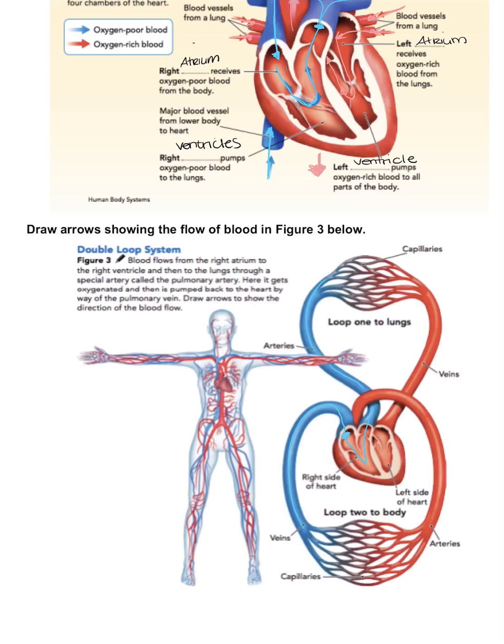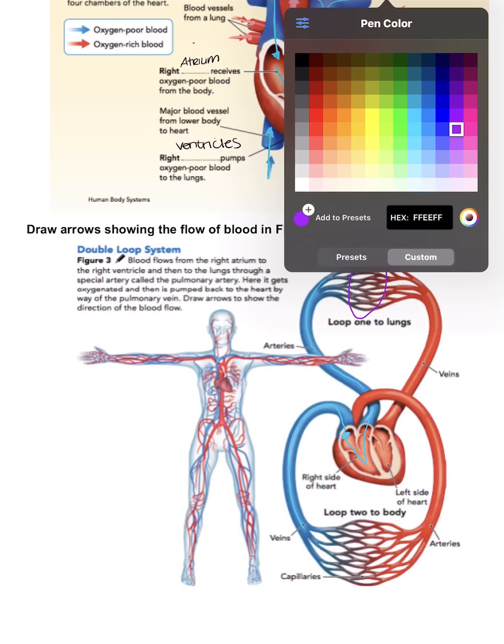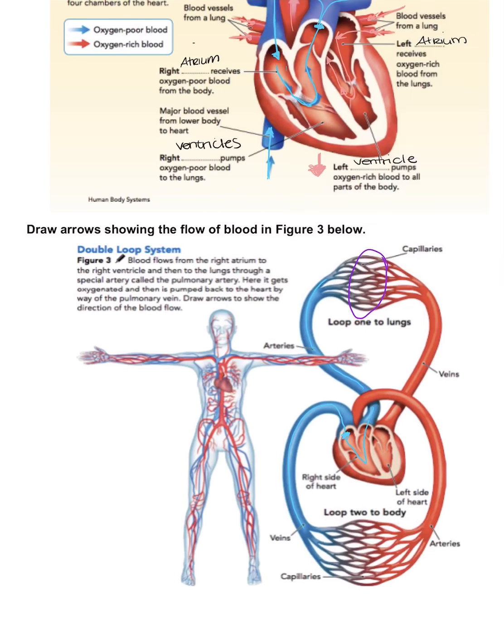I'm going to use purple for this because it gets into smaller veins called venules. Venules attached to capillaries. Capillaries attached to arterioles. Arterioles go back to big arteries. So I'm going to U-turn that blood. I'm going to pick up oxygenated blood, and I'm going to bring it back to the heart, into the left side of the heart, the left atrium, left ventricle, and I'm going to push it up into the aorta.